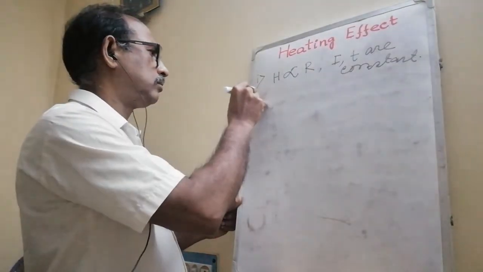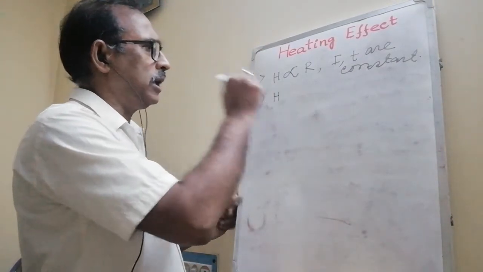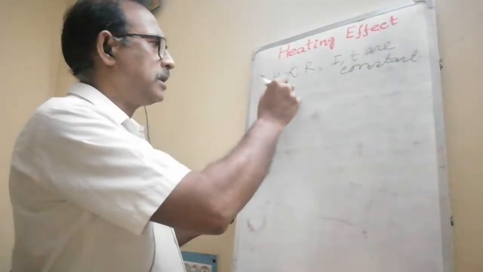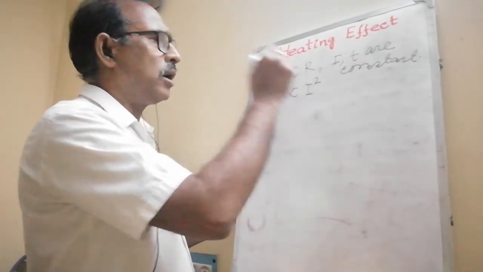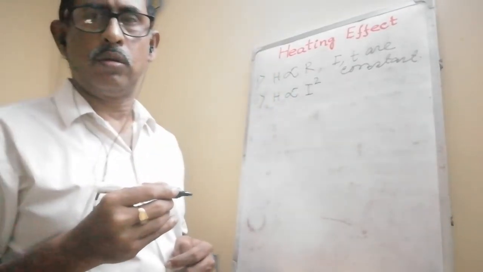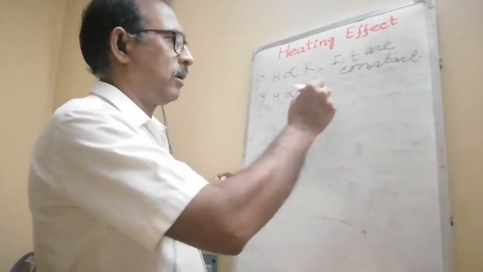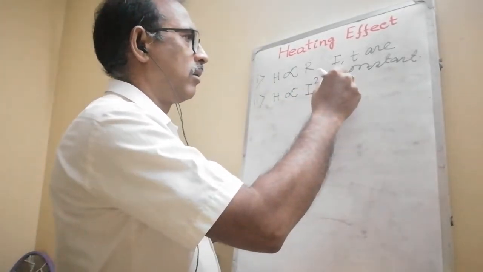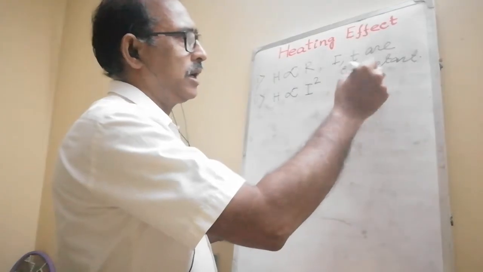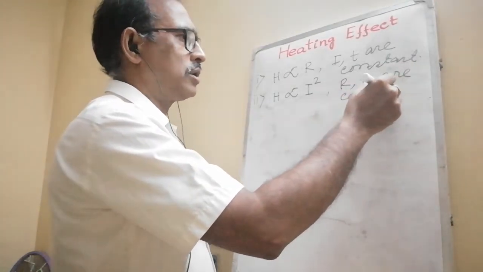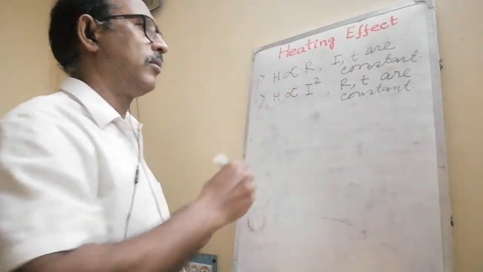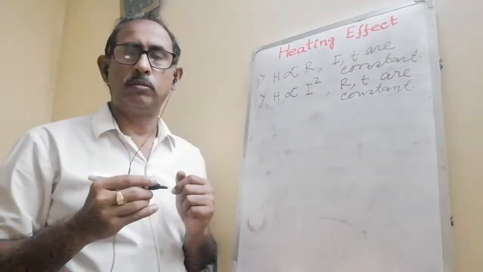Second law: the produced heat is directly proportional to the square of the current, where resistance and time are constant. This is the second law.